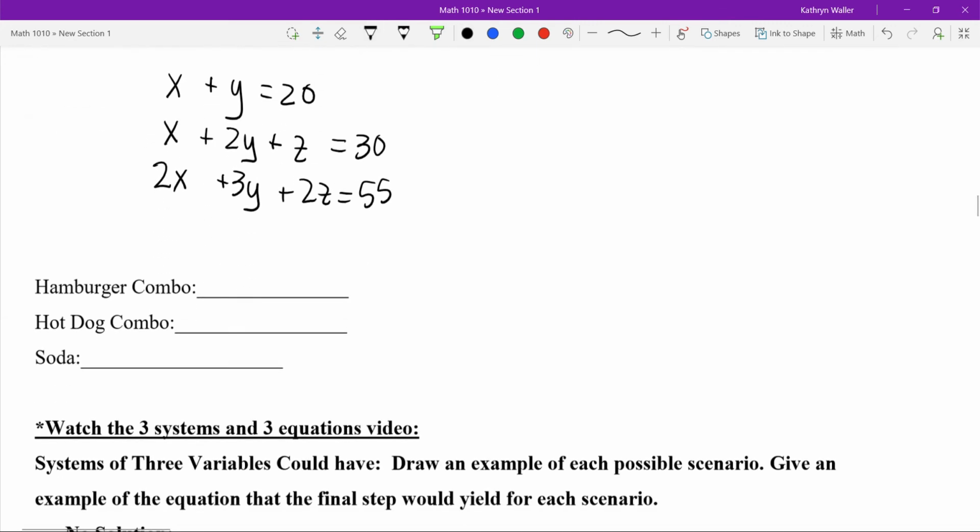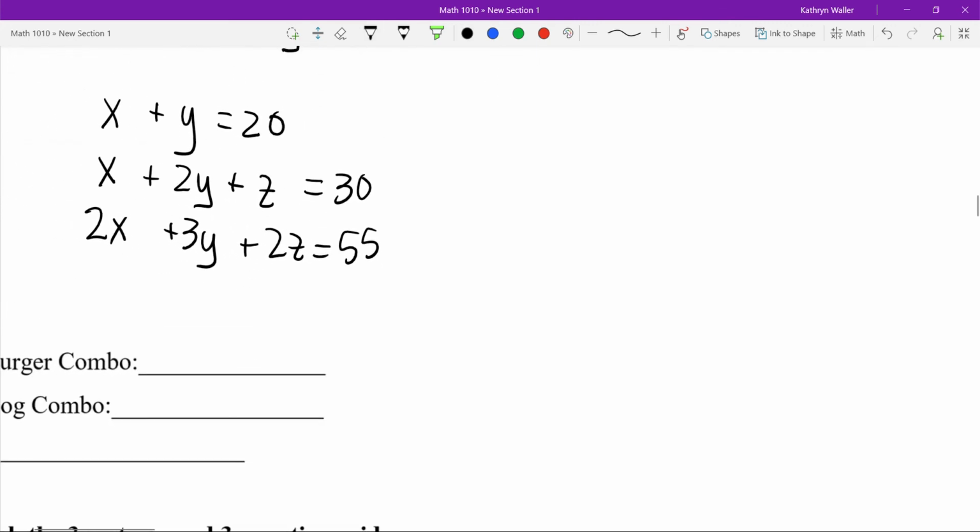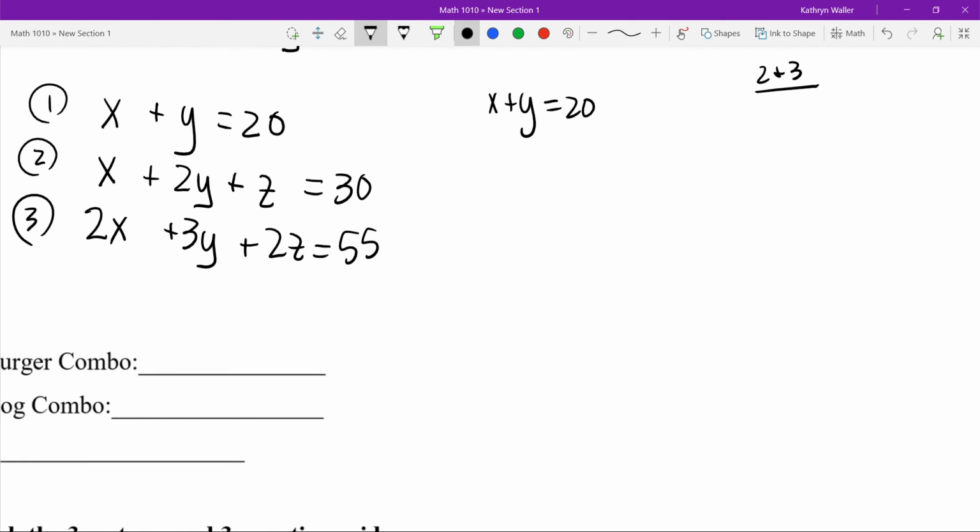So now, guys, you have a system of equations, and equation 1 already doesn't have a Z, so step 1 is done. So I'm going to write down X plus Y equals 20. Now I'm going to use equations 2 and 3 to eliminate the Z's.